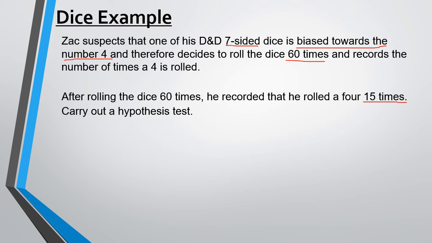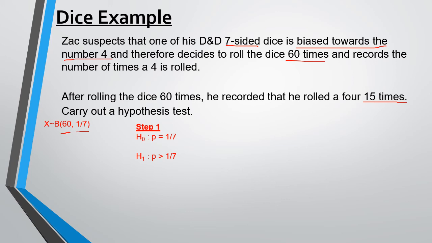So hopefully we notice it as a binomial. We've got n as 60, 60 throws. Because this is 7-sided, the chances of getting a 4 is 1/7. Now, step 1 of any hypothesis test is saying what the null and alternative hypotheses are. Like I said earlier, H0 is your default stance.